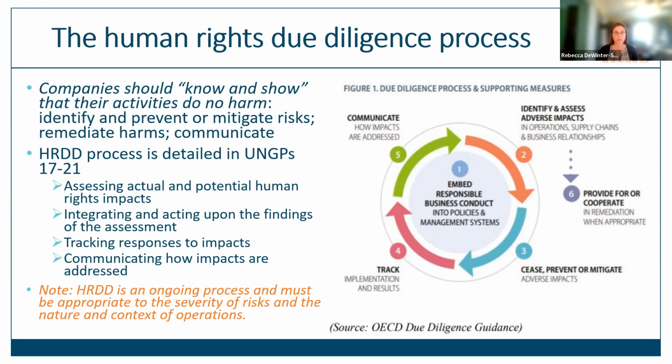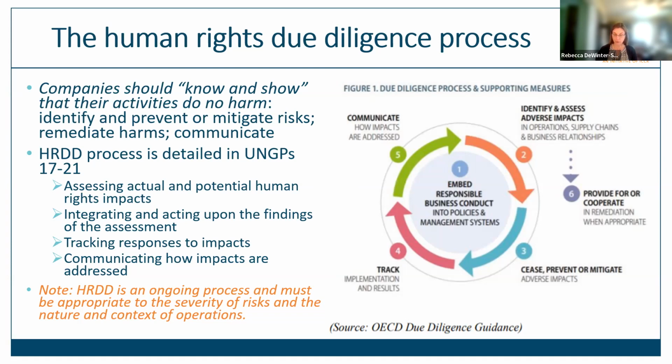With regards to the 4 steps of human rights due diligence, which are detailed in Guiding Principles 17 to 21, the first step is assessing actual and potential human rights impacts and involves conducting human rights impact assessment, whether as a standalone exercise or integrated into other risk assessment and management processes, such as environmental and social impact assessment or enterprise risk management.